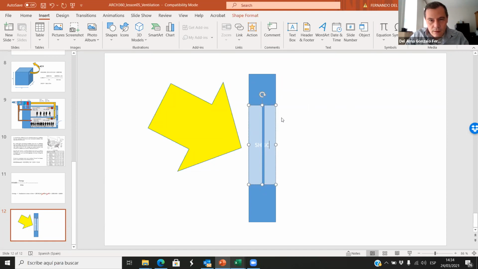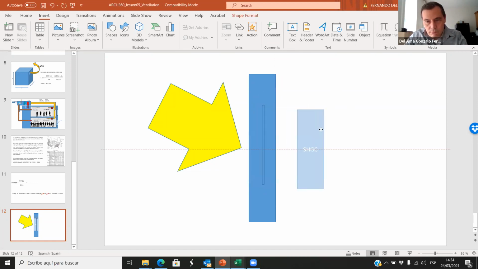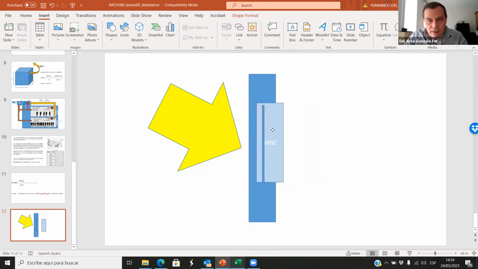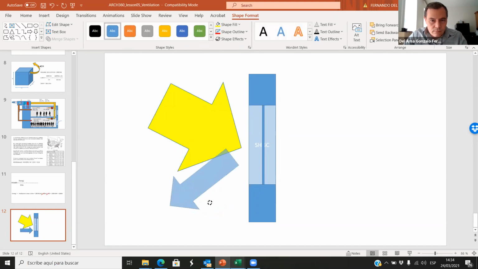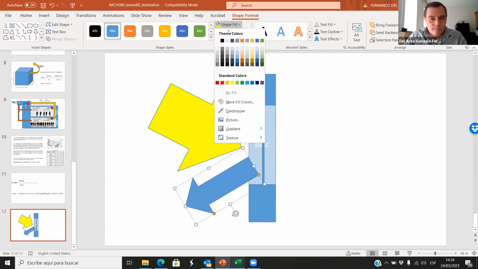Okay, so here we have a solar heat gain coefficient on this glass. And that solar heat gain coefficient can do different things. We can reflect part of that energy. Part of that energy will be reflected.